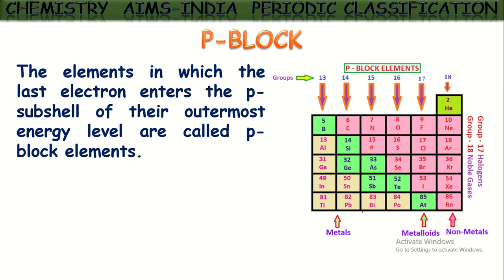Even though helium is in the 8th A group, it will not be under P block because this element is having its differentiating electron in the S subshell. So it comes under S block element. Even though it is in the P block column, it belongs to S block because it is having its differentiating electron in the S subshell. Except that, remaining these all elements are containing their differentiating electron in P subshell.